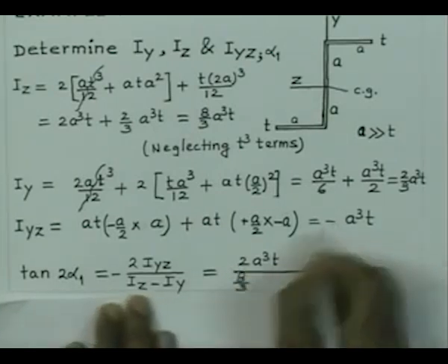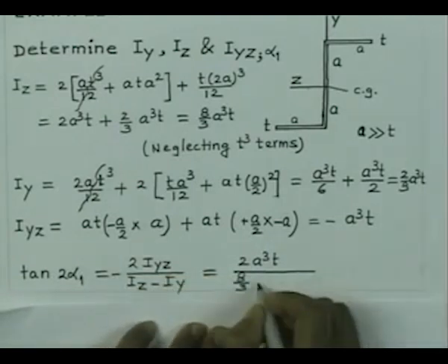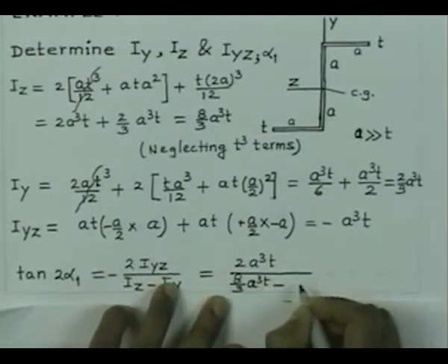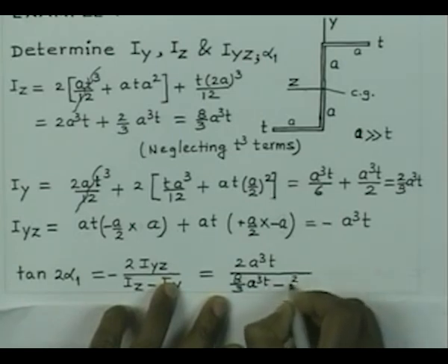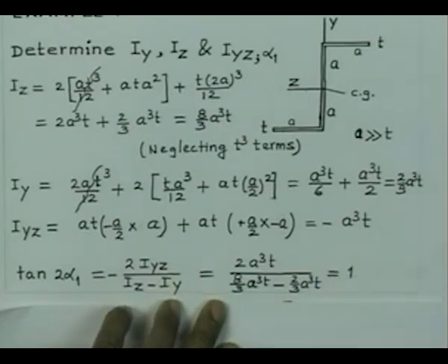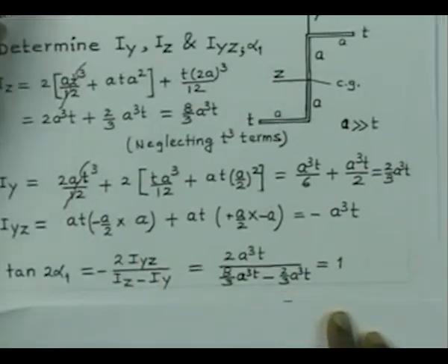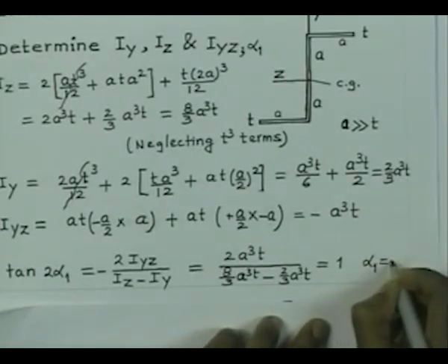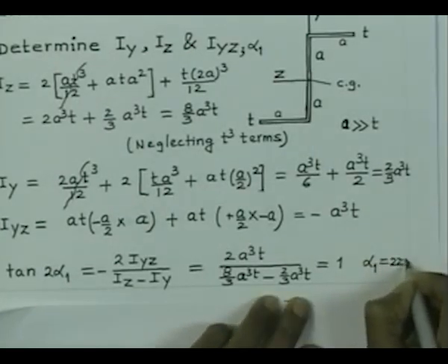So, this minus becomes plus 8 by 3 a cube t minus 2 by 3 a cube t, which is equal to 1, and therefore alpha 1 is equal to 22.5 degrees.